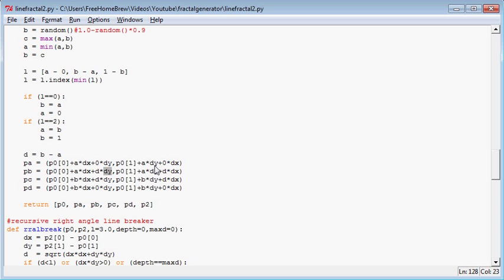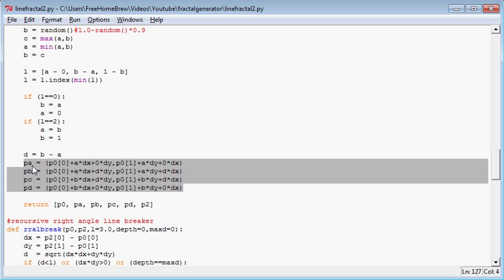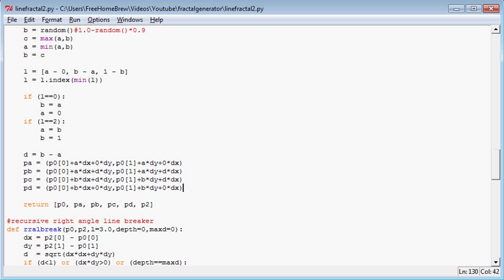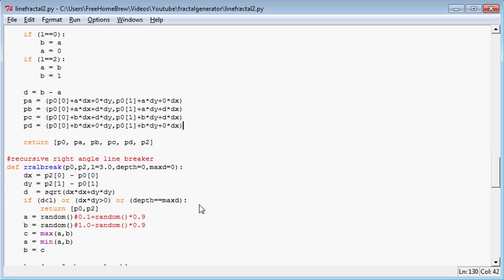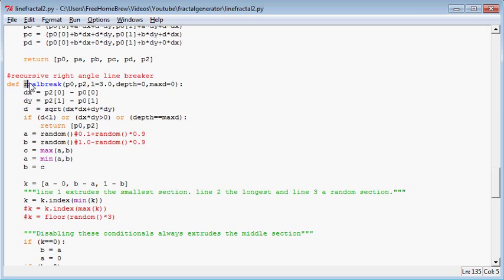The same goes for the y coordinates; the same principles apply, only the dy and the dx are switched. So this takes care of both horizontal and vertical lines, of which I'm pretty proud, because I saw this in advance before I wrote the if and else statements. And this is the single line breaker, and now we have the recursive line breaker.